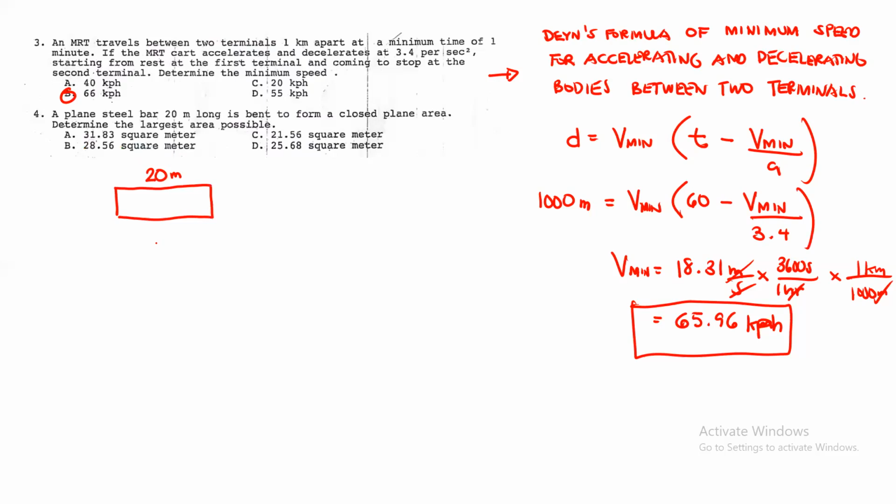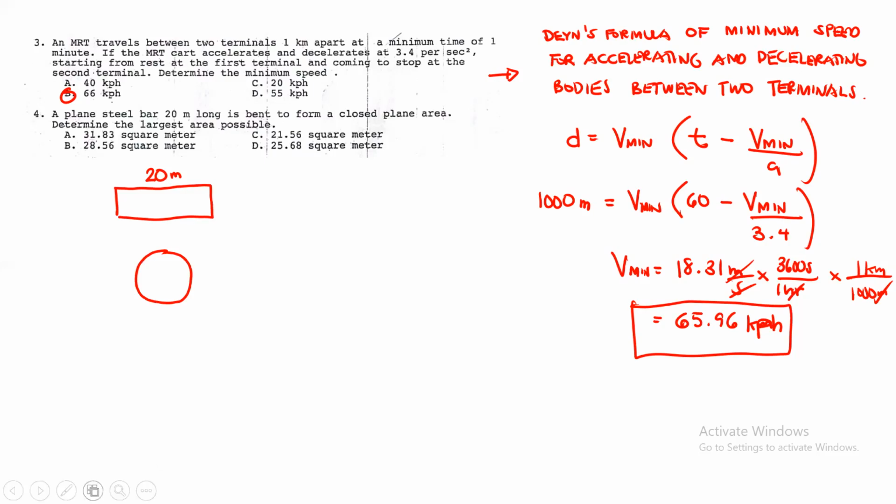Para maging closed plane siya, syempre ang mabubuo natin dyan, guys, is circle. Kung binent natin siya sa closed plane area, syempre itong bar natin, itong 20 meters natin ito.